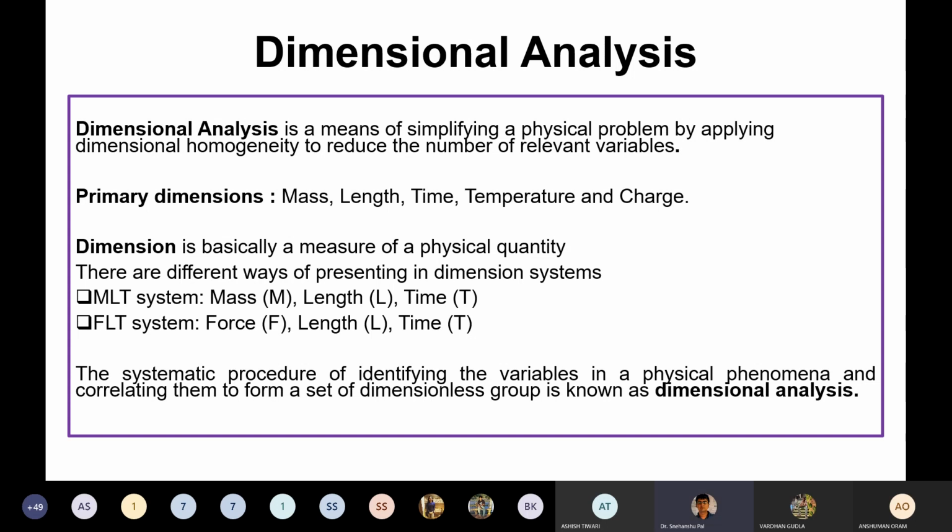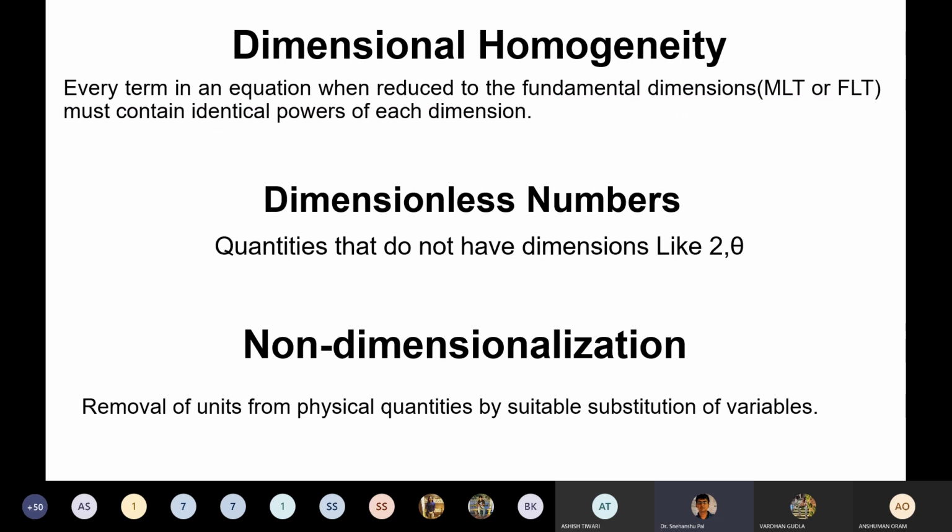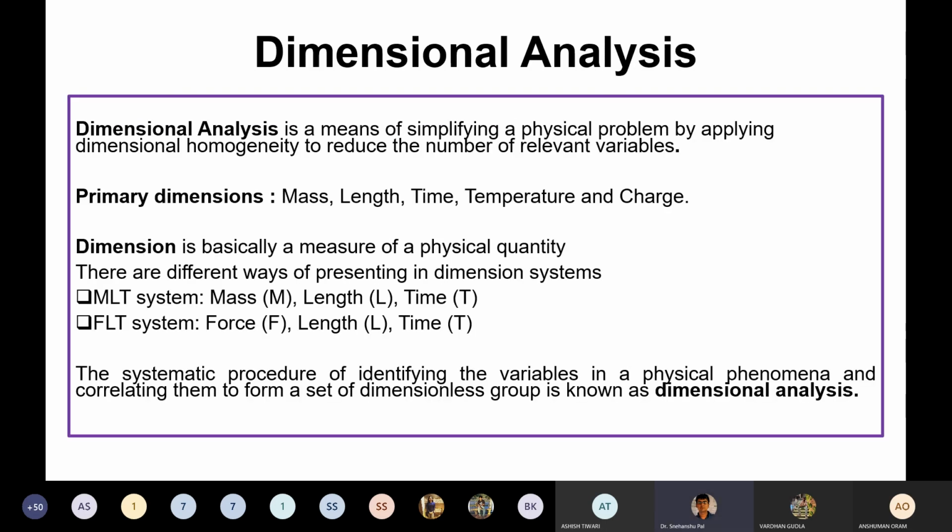So the FLT system can be represented by the MLT system, but for simplification of dynamic system representation, we do this. And now we are going to understand the methodical approach for dimensional analysis.